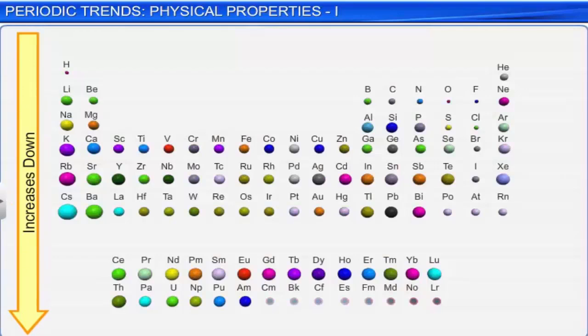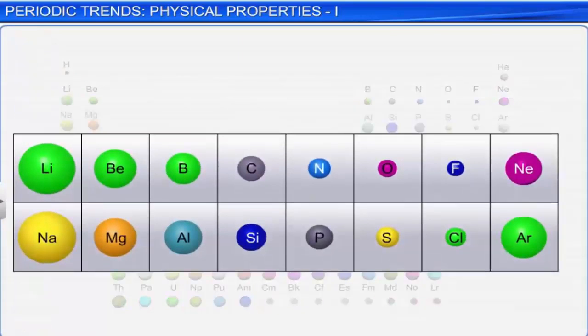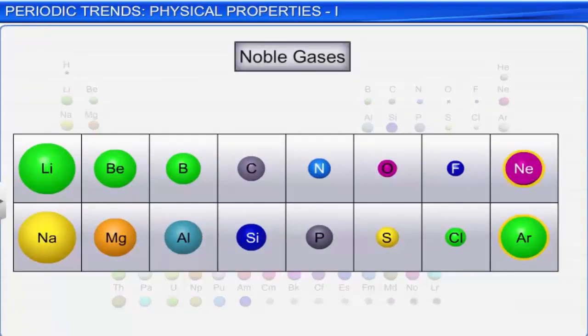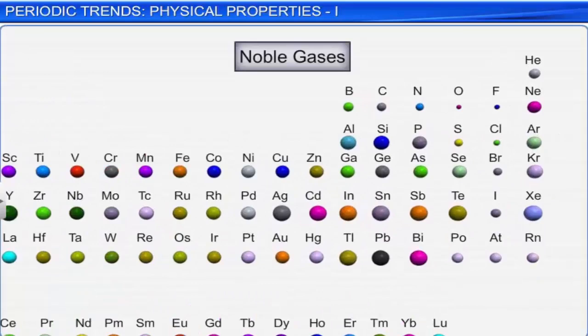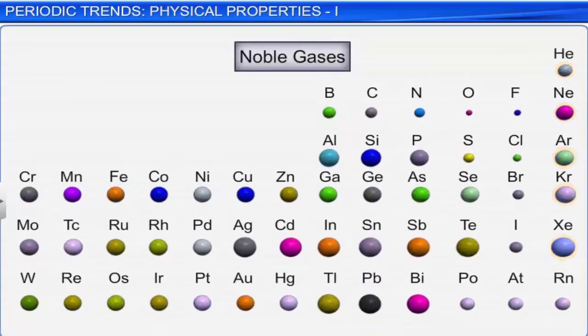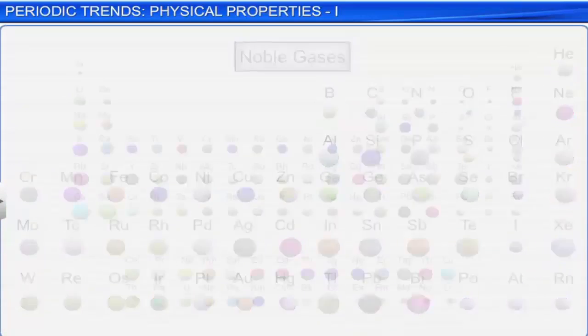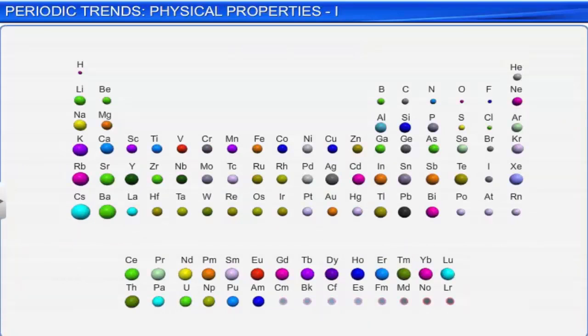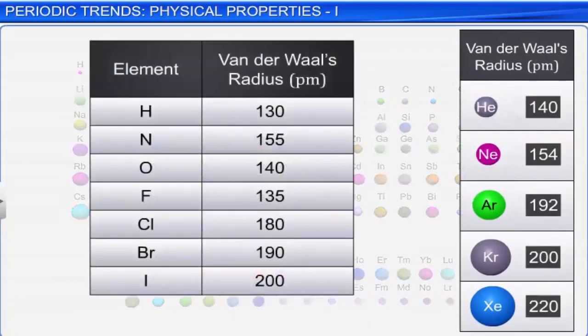According to the atomic size trends explained so far, the noble gases should have the smallest sizes, as they are the last elements in each period. However, the atomic radii of noble gases are not considered here. Noble gases, being monoatomic, have very large non-bonded radii values.